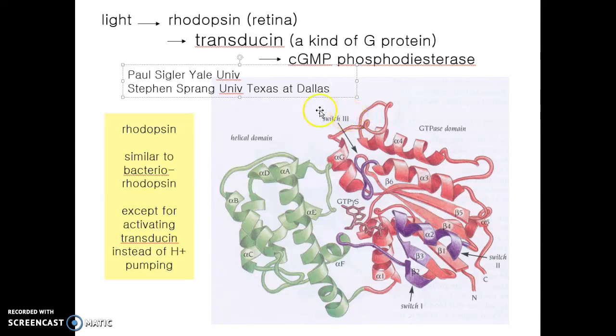The receptor in this context is rhodopsin. Rhodopsin is very similar to bacterial rhodopsin we learned in the previous chapter, except that it can activate transducin instead of the proton pumping in bacterial rhodopsin.